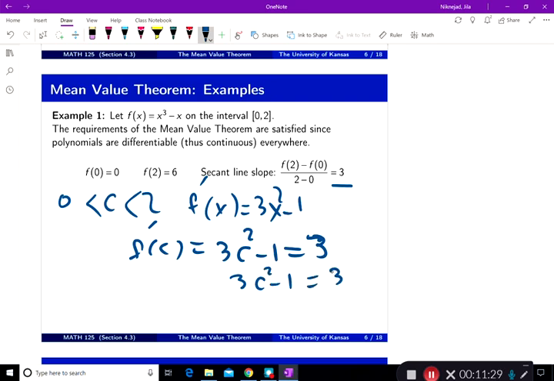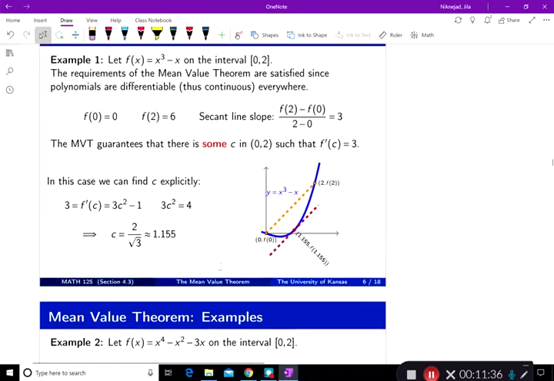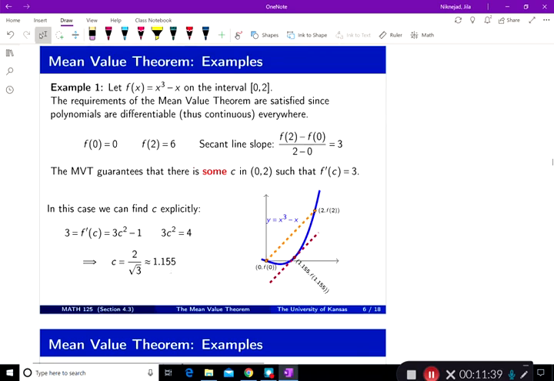I can solve for C and find the value, which is going to be the square root of 4/3, which is approximately 1.155, right? If you solve, you get that value. And so at that point, at c equal to that value, the slope of the tangent line is equal to the slope of the secant line between the two endpoints. So the mean value theorem guarantees it, but then we can also solve and see what the value is.